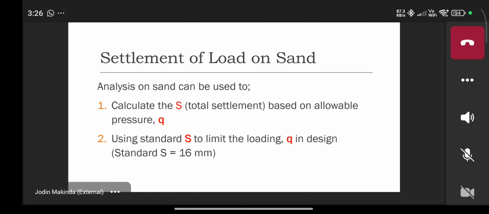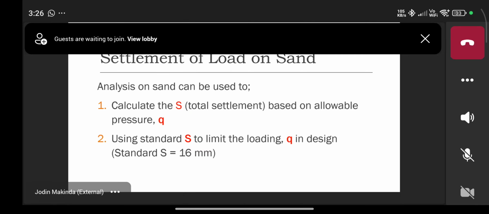One is you calculate the settlement based on the allowable pressure. Two is you use the standard settlement to limit the loading Q in design. These are the two approaches when it comes to settlement on sand. Either we calculate the settlement, or we use one value of settlement, let's say 16 millimeter, then we use the 16 millimeter maximum to obtain what is the maximum limit for loading.